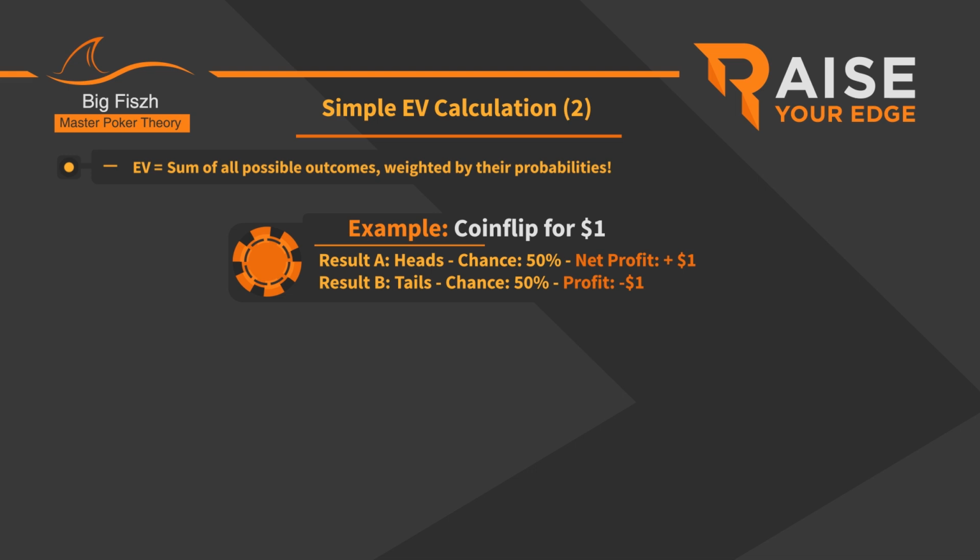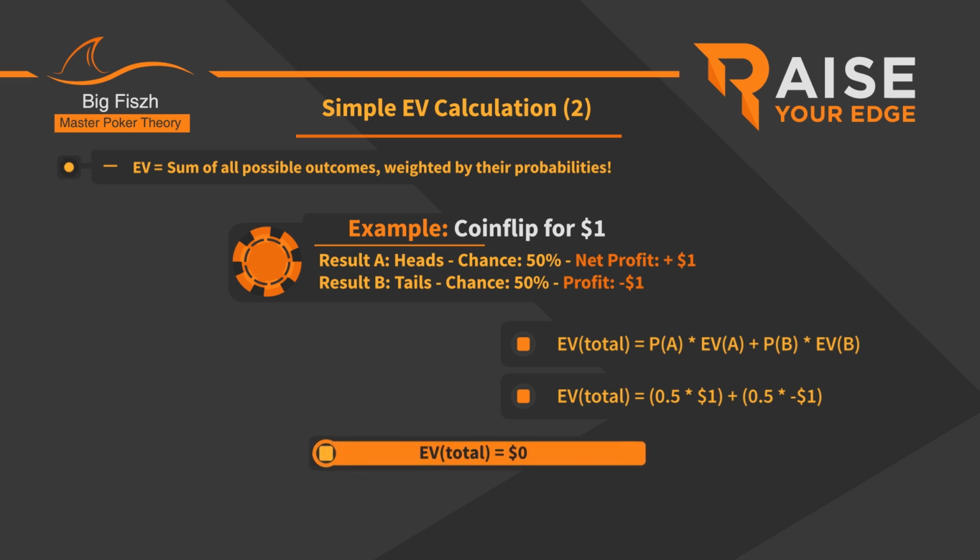That said, we can construct our EV formula, which is the probability of A times the net profit in case of A, plus, again remember different outcomes, same event, probability of B times profit of B. That ends up in 0.5 times plus 1 in brackets, plus, again in brackets, 0.5 times minus 1, for a total of 0. Then, who had that seen coming?